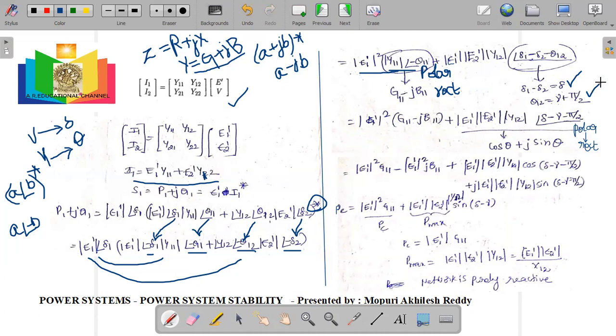What I will get? Delta minus gamma minus pi by 2 I will get. See here, I converted this Y11 at an angle of minus theta 11 to rectangular form. I got this. So what I am writing? E1 dash square into G11 minus jB11 plus E1 dash E2 dash Y12 at an angle of delta minus gamma minus pi by 2.